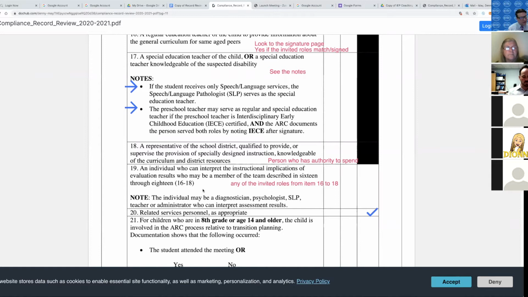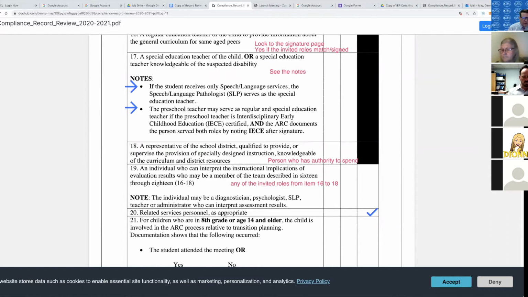Now, most of the time it's a diagnostician or a school psychologist or the special education teacher that is actually looking at that psychological and interpreting those results and making those eligibility points that need to be made, whether or not that student meets that criteria. But this says that 16 through 18, so any of those people can be that person.